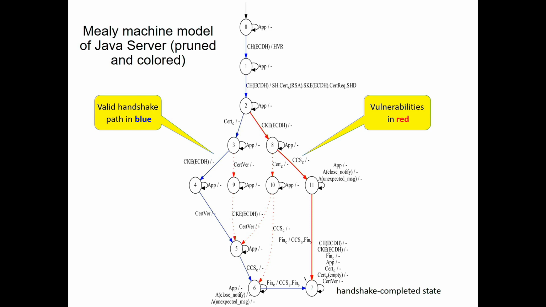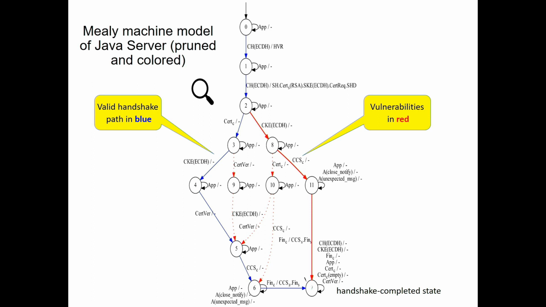Now, unfortunately, we don't get automatically the colors, but there are some paths here. The blue path is establishing a correct handshake. The paths that are red are actually bugs. They are erroneous paths that exist in the implementation.